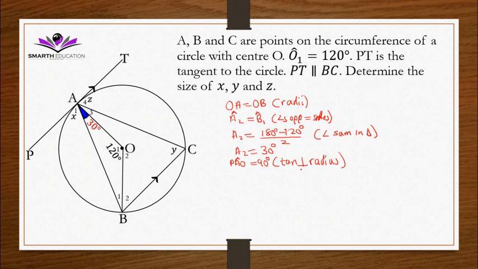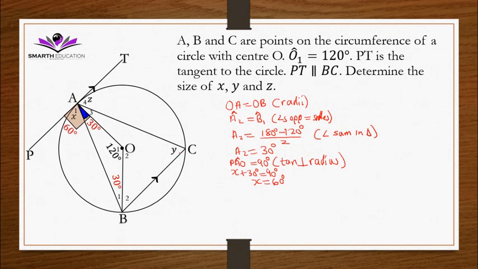So now meaning that x plus 30 degrees is equal to 90 degrees, and then we can find that x is equal to 60 degrees. You see that? Okay, right. Now we can write 60 degrees here. And then you can see that y is also 60 degrees.